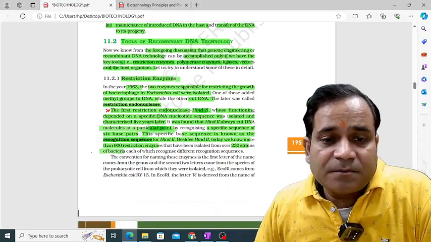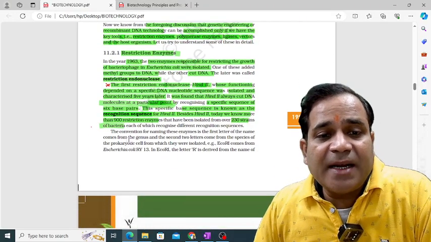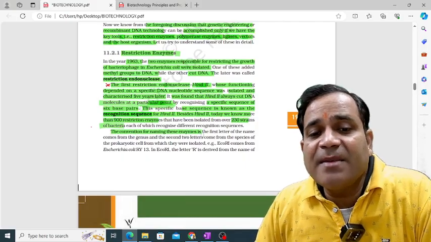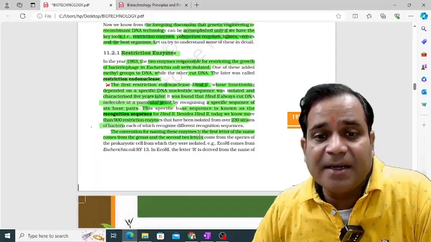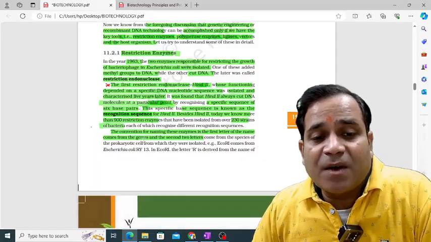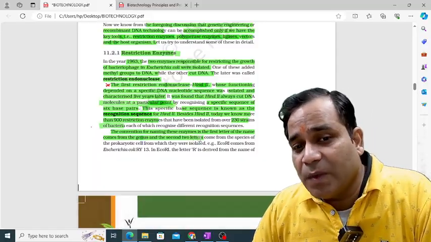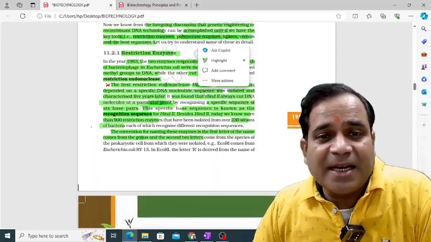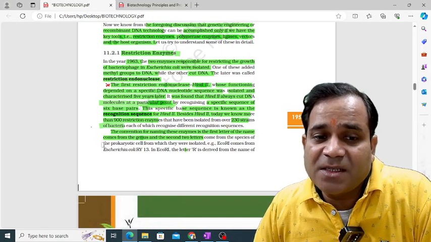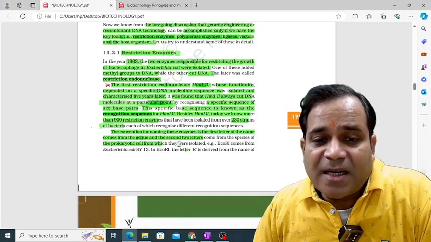Now, the next thing that is important to understand here is the convention for naming these enzymes. So how will these enzymes be named, my dear? The first letter of the name comes from the genus and the second two letters come from the species of the prokaryotic cell from which they are isolated.